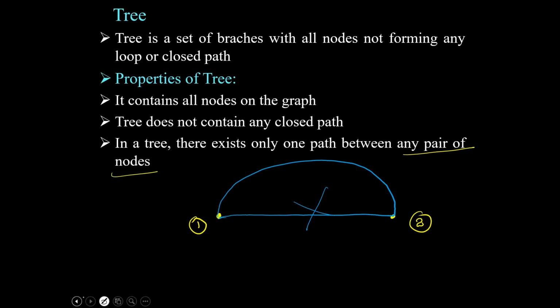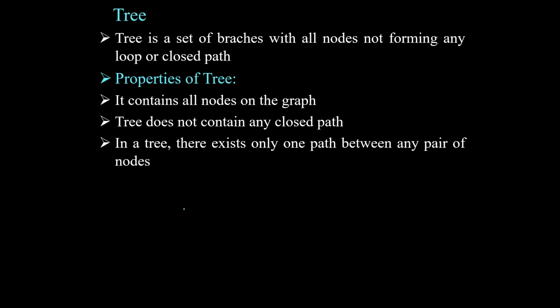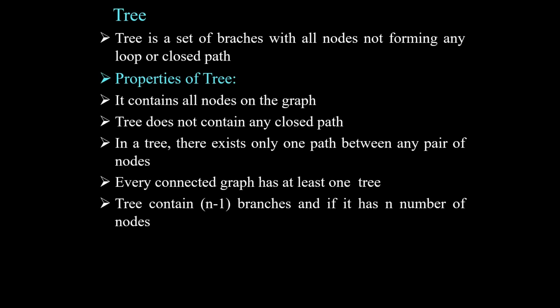That is the next point that we need to consider while forming the tree. Then every connected graph has at least one tree. Okay, from any given network, if you form a graph, from that graph at minimum we will have one tree. Okay, then how many branches will each tree have?